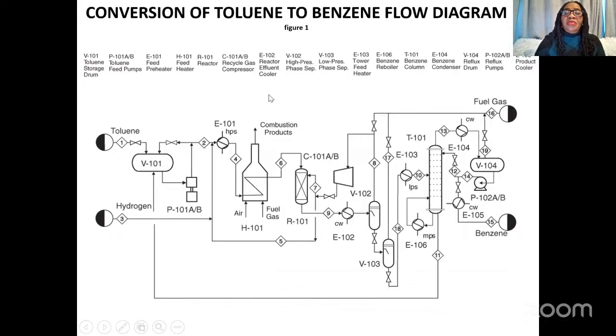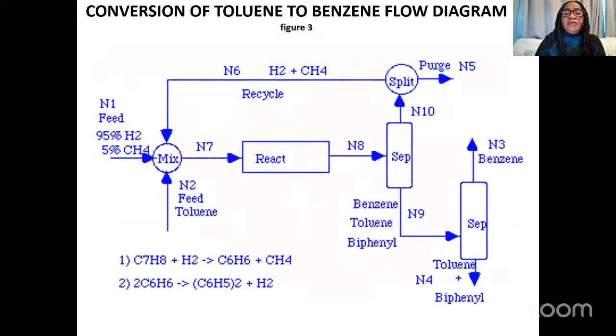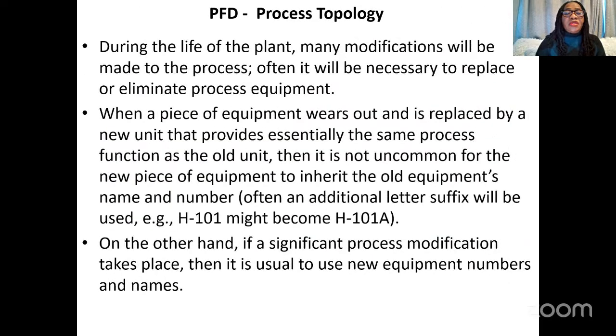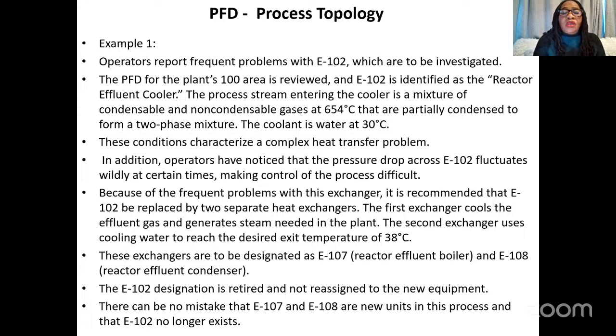So something needs to be done about that equipment, E102. Okay, so let's see how this problem is solved. The process stream entering the cooler is a mixture of condensable and non-condensable gases at 654 degrees centigrade that are partially condensed to form a two-phase mixture.